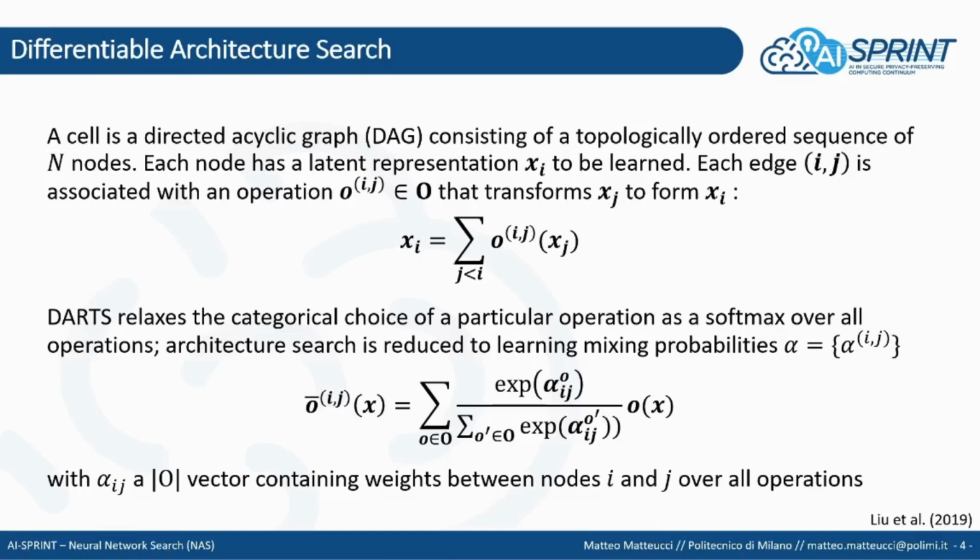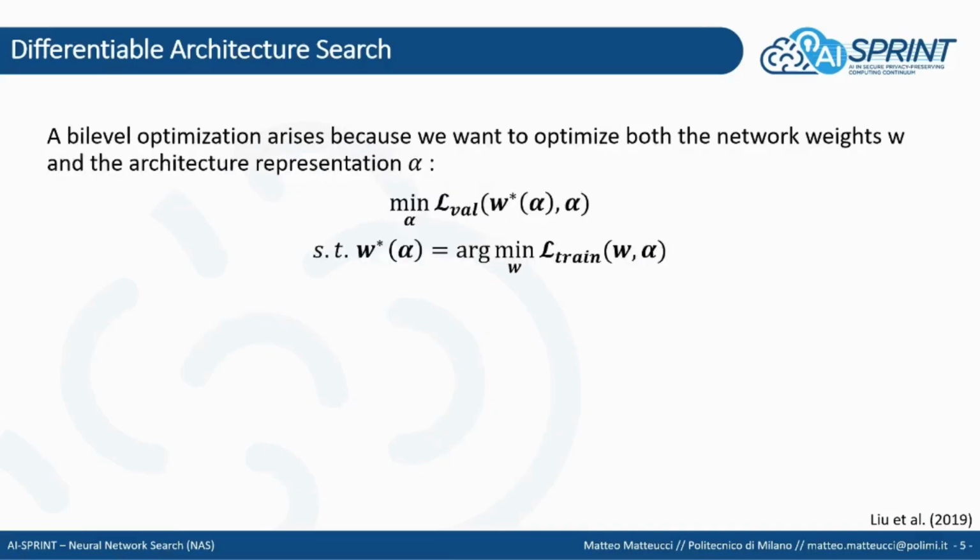So the architecture search becomes an optimization problem where you have to learn this softmax over all the operations. We can think about training as a bi-level optimization: we want to find the best architecture, the best set of operations, such that we get the best performance at training time.